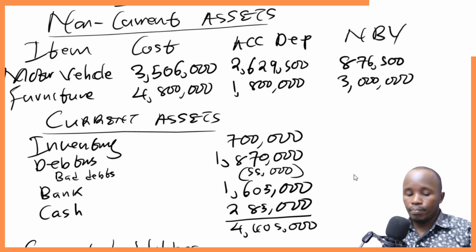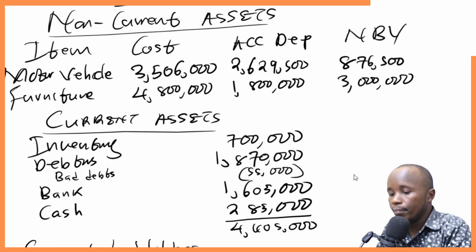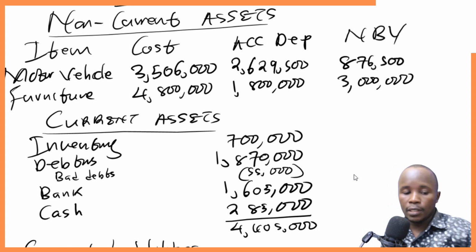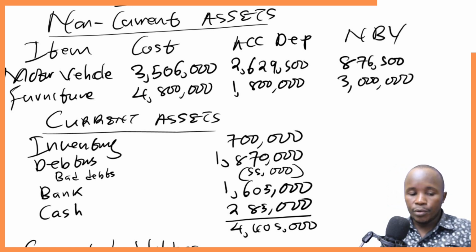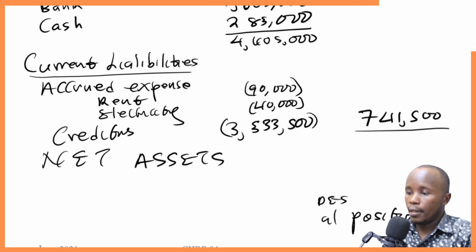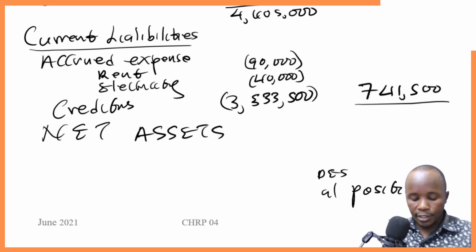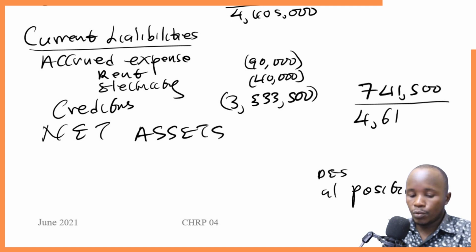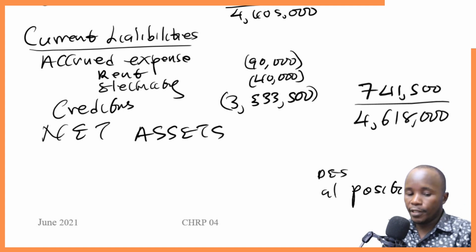Can we add them? We have this plus 3 million, then plus 876,500. This gives me what? Let me do it again for avoidance of doubt.